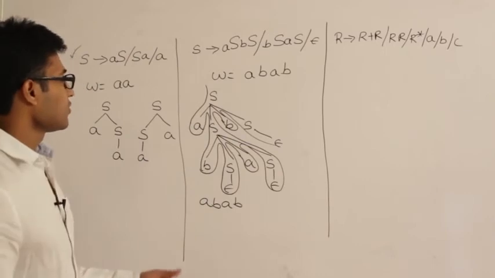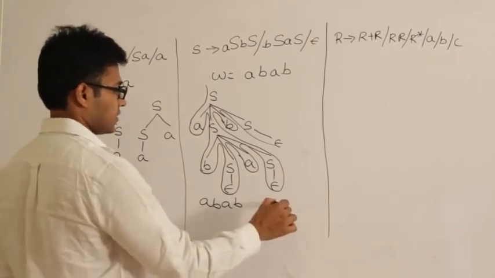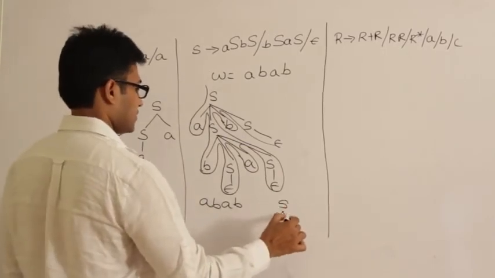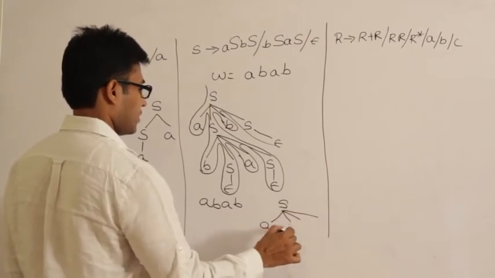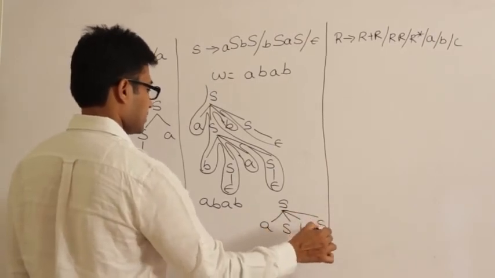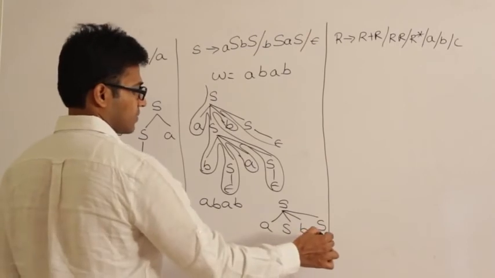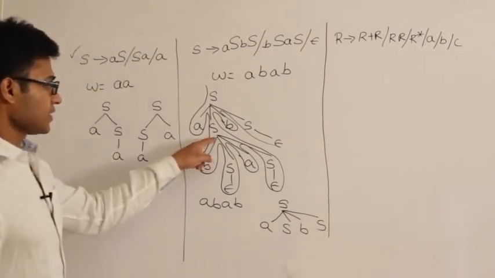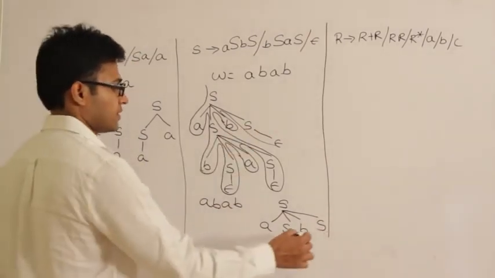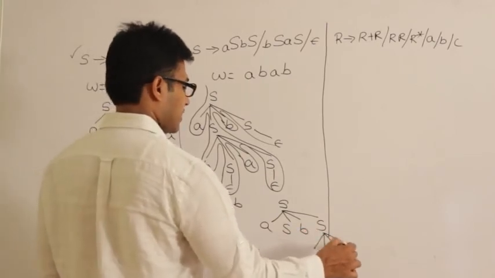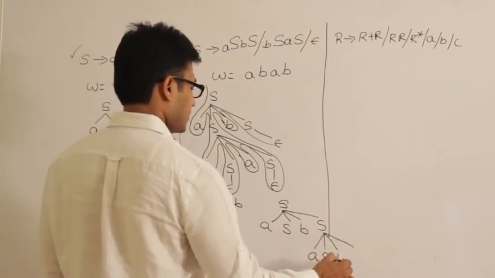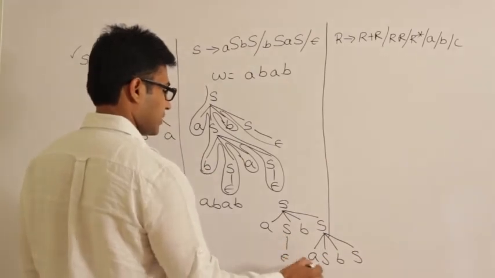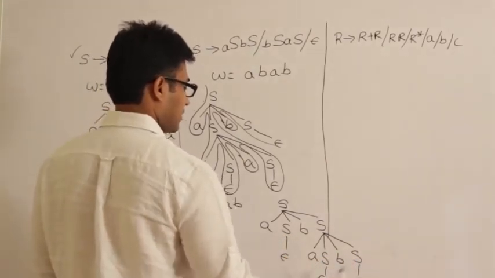So let's see if we get one more parse tree. Just let's try. S derives A, yes, B, yes, and let us expand the second S first. Here I expanded the first S, here I am expanding the second S. I am expanding the second S with again AS, BS, and this S with epsilon, epsilon, and epsilon.